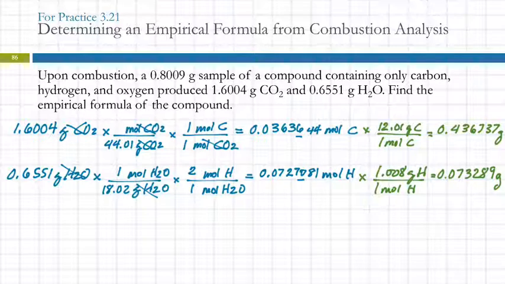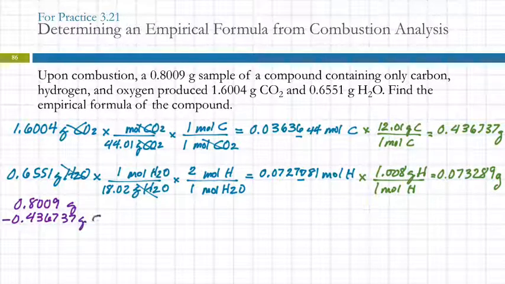So we've got our total sample mass was 0.8009 grams. And we are going to subtract 0.436737 grams of carbon. And we're going to subtract 0.073289 grams of hydrogen.